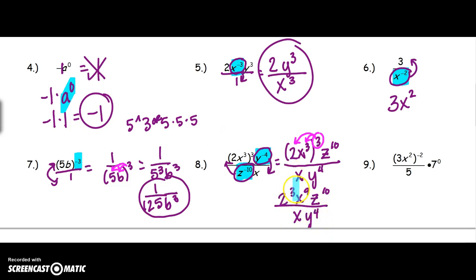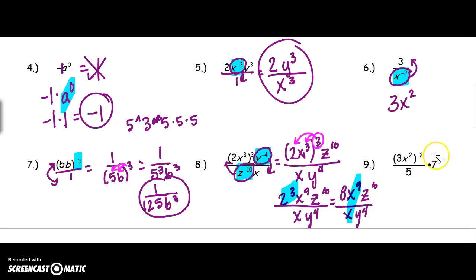You have one more step because you have something raised to the third power. 2 to the third power is 8, x to the 9th, z to the 10th, all over x, y to the 4th. Now, if you notice, you have two x's here. That's what we're going to be learning in the future. So for right now, we leave them because we don't know what to do with them. So this would be your final answer.